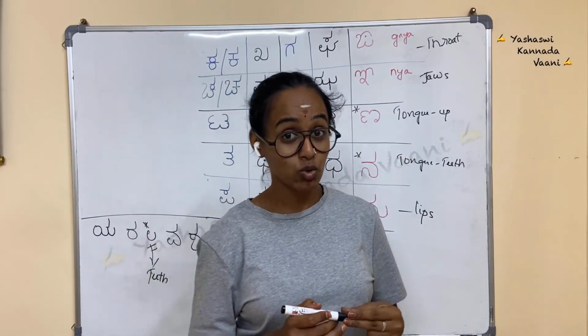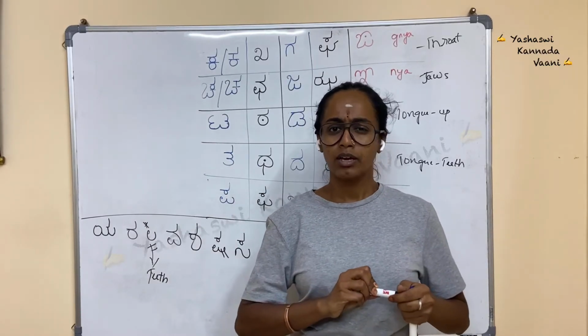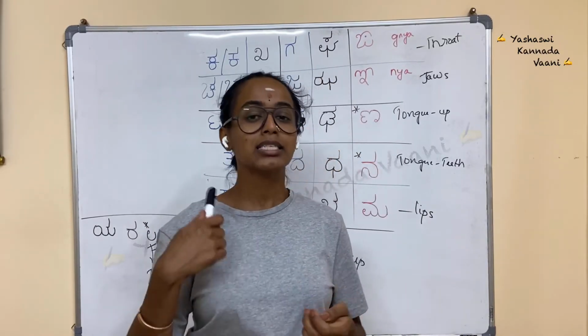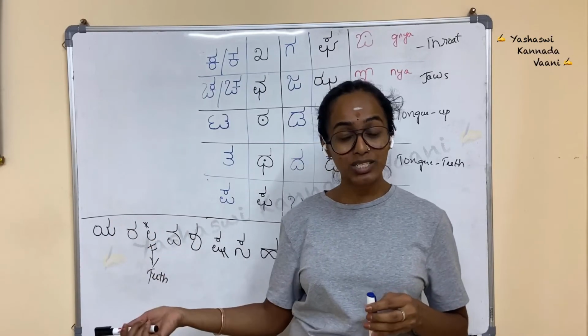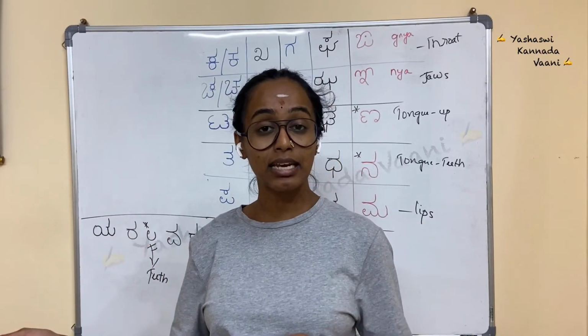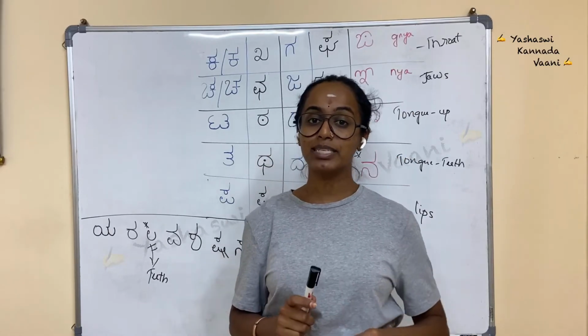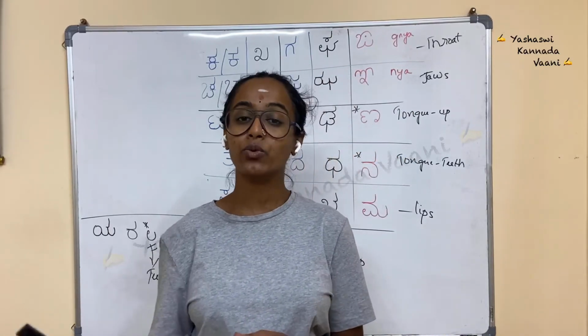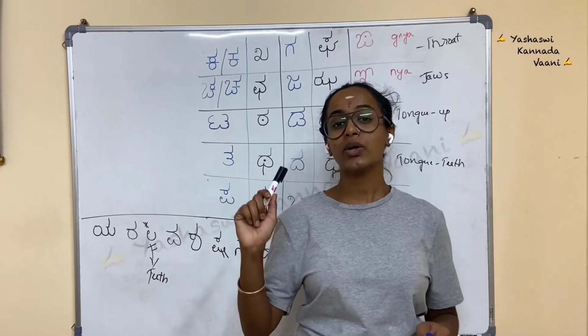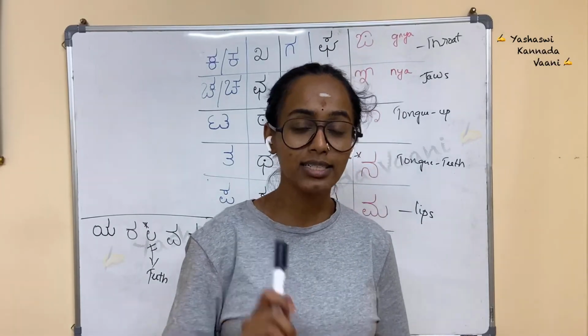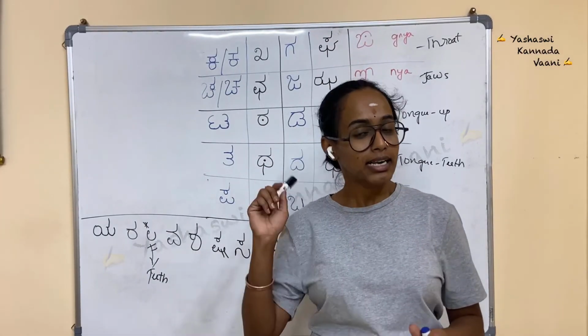I hope you have understood all these letters. Practice, practice, practice before going to the next lesson. Please do practice. Make sure you have learned the alphabets correctly before going to the next lesson. Only then go to the next lesson. Until then, please don't. Learn the alphabets.